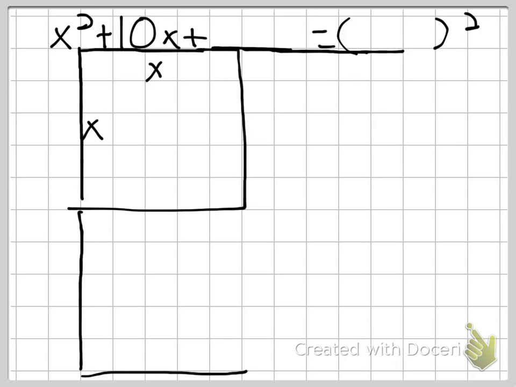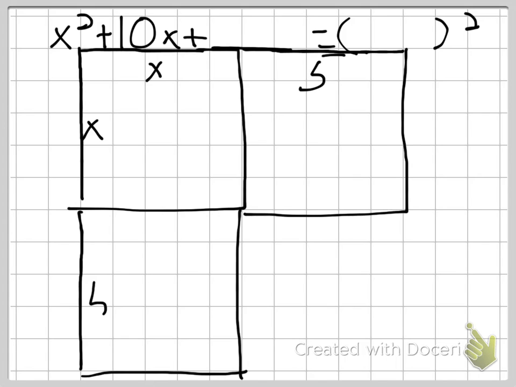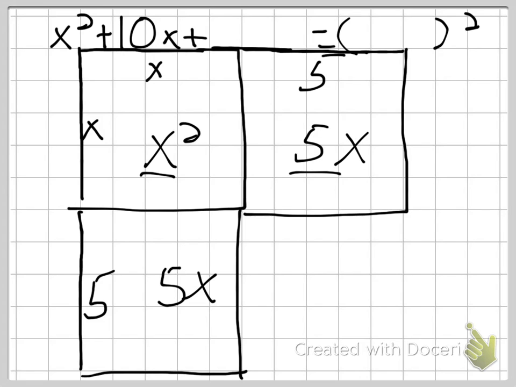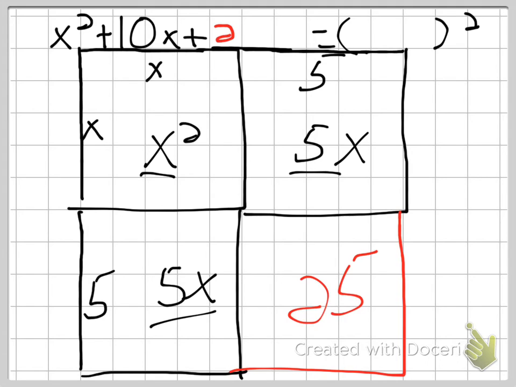Right? So finally have enough room. So as you can see, this is going to be 5 and 5. So this is x squared. This is 5x. This is 5x. Let me just underline it to make it clear. Okay, so if I had a 5 by 5 square, I would be able to complete this. I'll be able to make a square. So if I add the quantity 25, I'll be able to have a square with sides x plus 5.